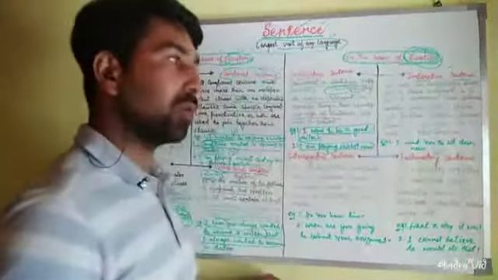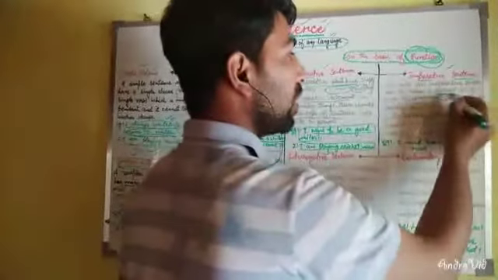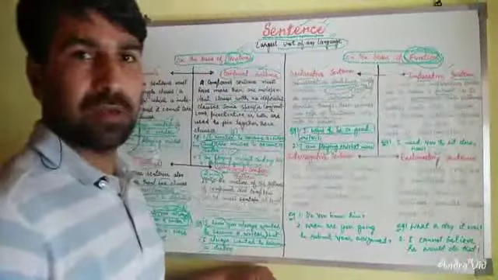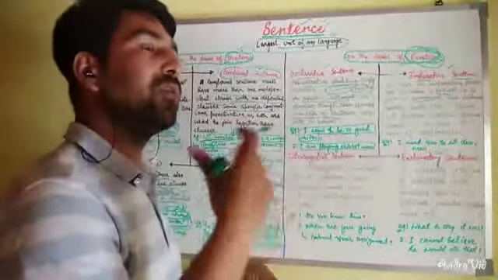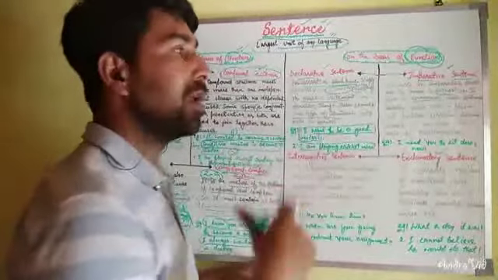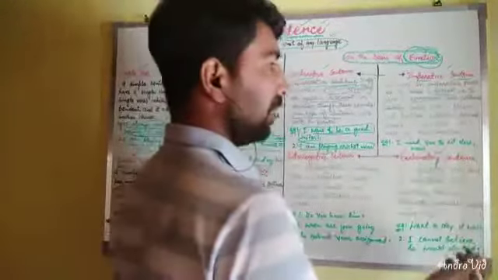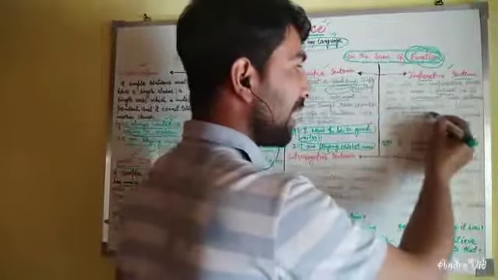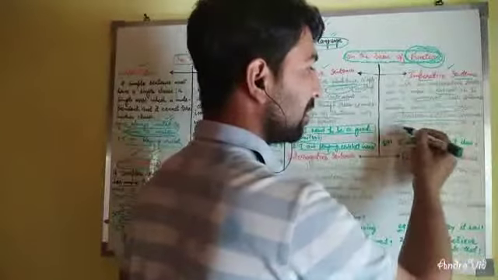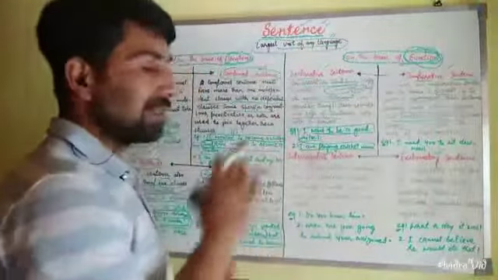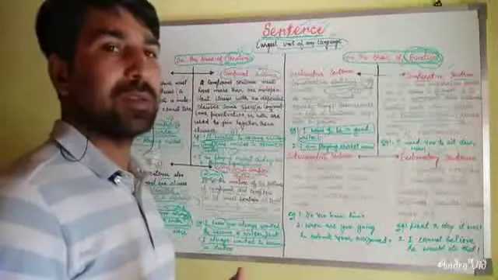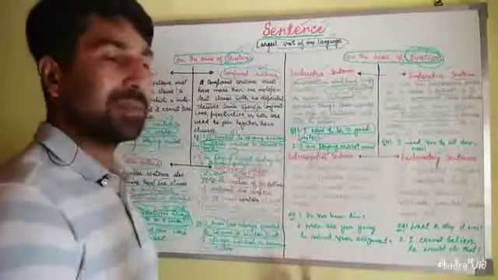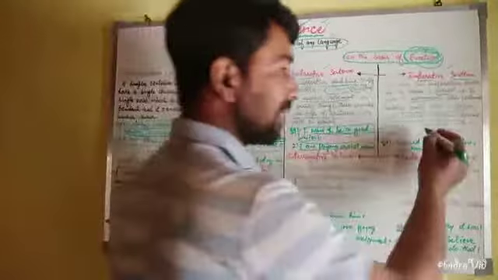Imperative sentences are those sentences which give a request or command. When you see any request or any command, you call it an imperative sentence. These sentences usually end with a period, but under certain circumstances, sometimes they end with an exclamation mark as well.